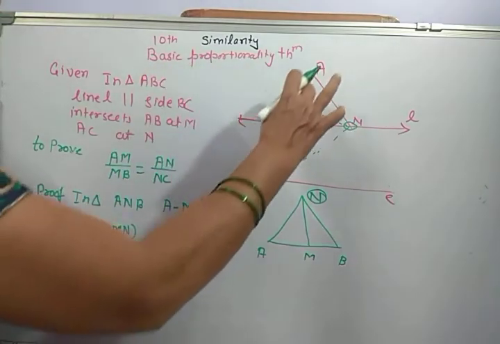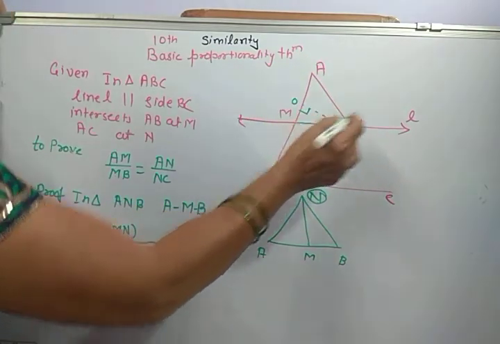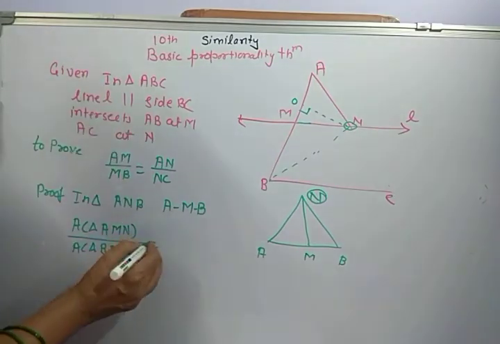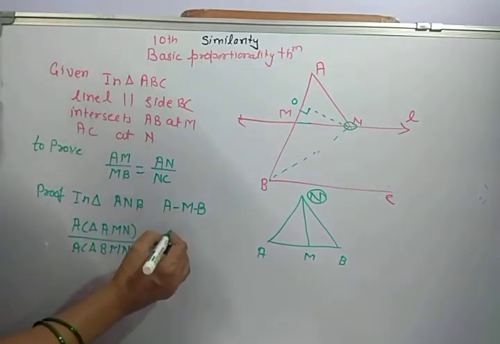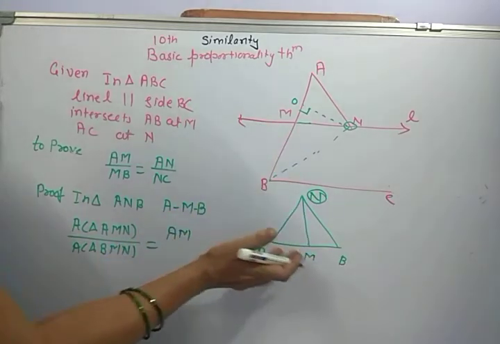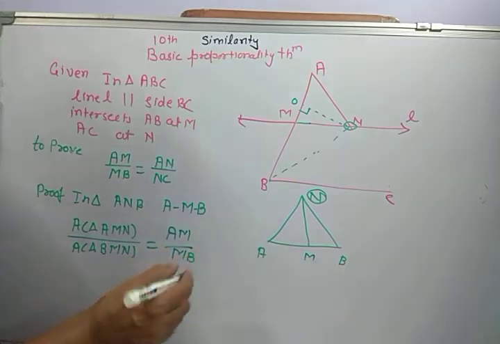Because of that, what happens? These two triangles, AMN and MNB, have a common vertex, and therefore the ratio is equal to AM upon MB, if we have rotated the base like this.